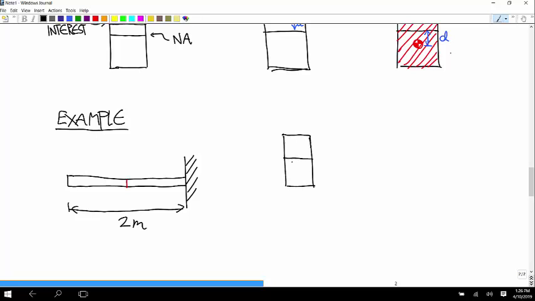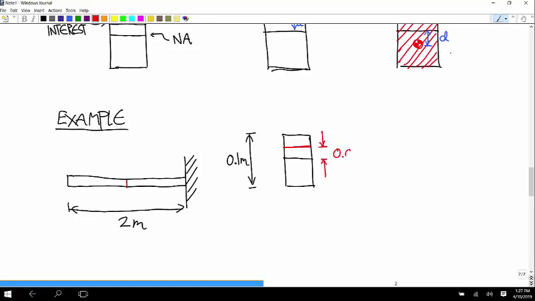If this is the neutral axis, let's say the whole thing has a height of 0.1 meters. And we're interested in this line halfway between the neutral axis and the top.